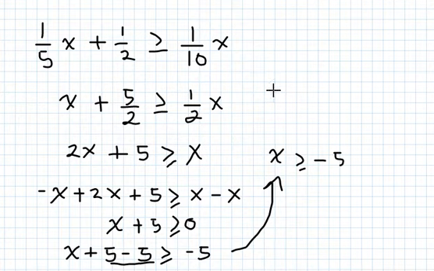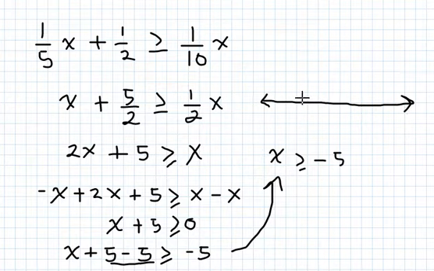Okay, so now I'm going to draw my number line so we can get a visual of this. It's not necessary, but we want to do it anyway. I'm going to label negative 5 here on the number line, and I'm just going to arbitrarily put 0 here. Not necessary, but it gives you an idea of where you're at.